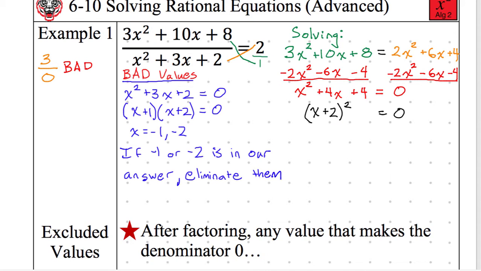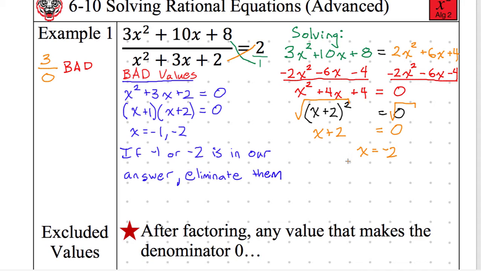We can indeed square root both sides. So I'm going to square root, and I'm going to get plus or minus 0 on the right-hand side, which is just 0. So x plus 2 is now equal to 0, and therefore, Fiona, x is equal to negative 2.